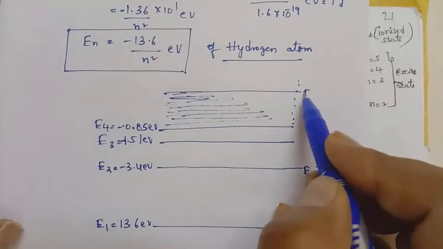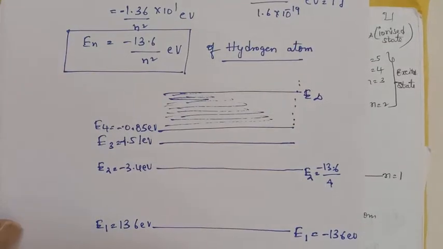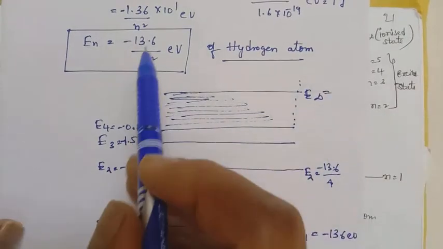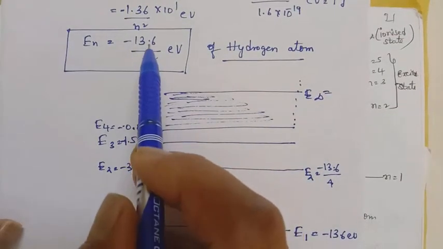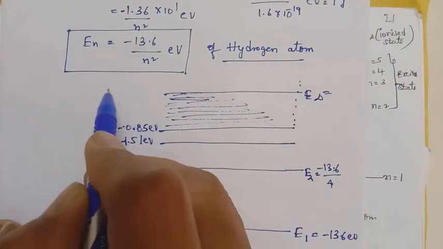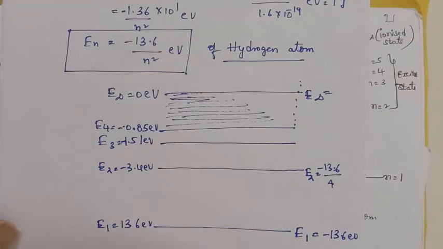At that time, the energy level E infinity is equal to, any value divided by infinity is nothing but 0 electrovolts. E infinity is 0 electrovolts.